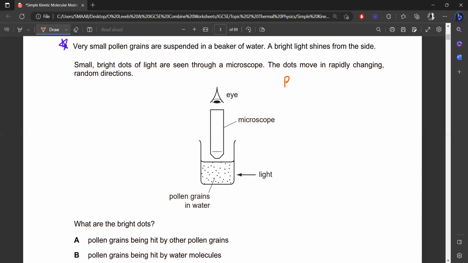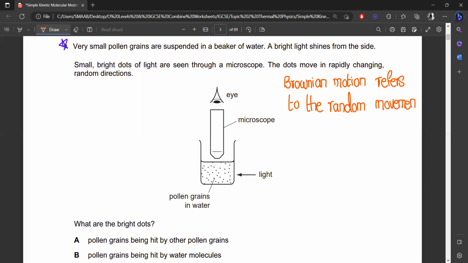So basically when we are talking about Brownian motion, it refers to the random movement displayed by small particles.